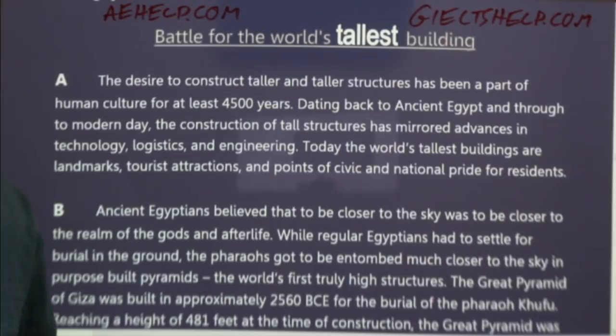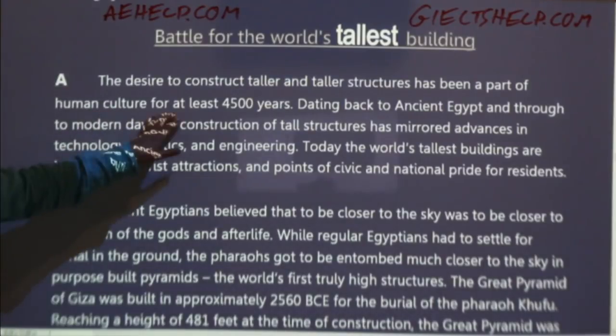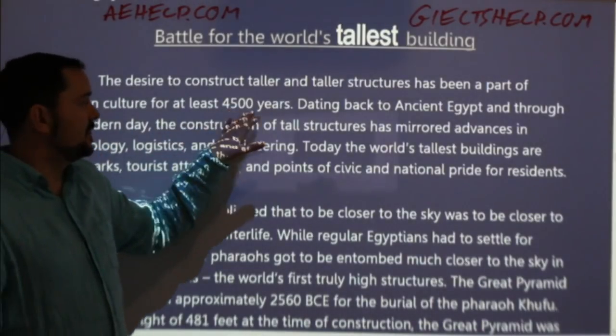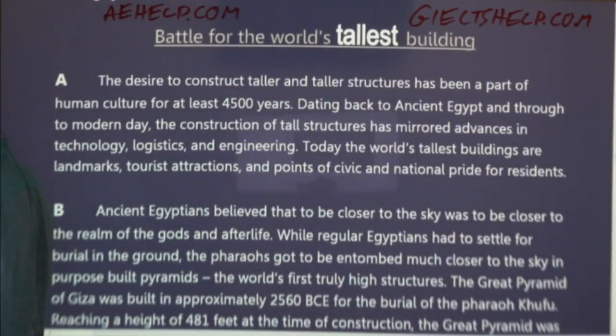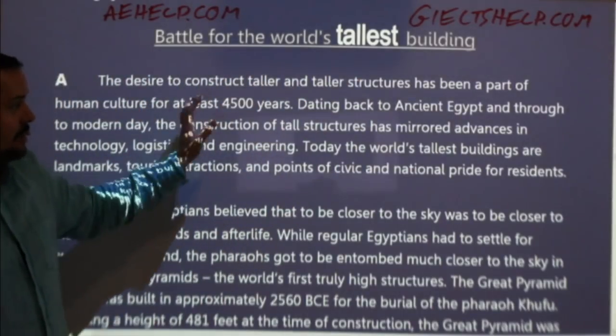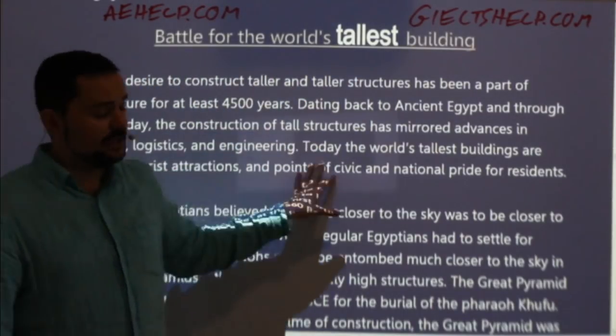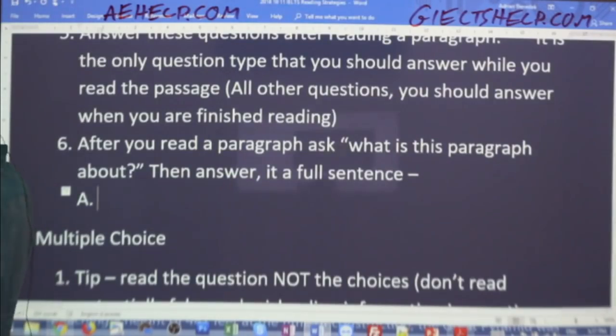This would be a good place to look at. The desire to construct taller and taller structures has been a part of human culture for at least 4,500 years. Okay, so my answer to what is this paragraph about would just combine all the information here. So it would be something like this. Okay, again, when you practice this, it'll become easier.